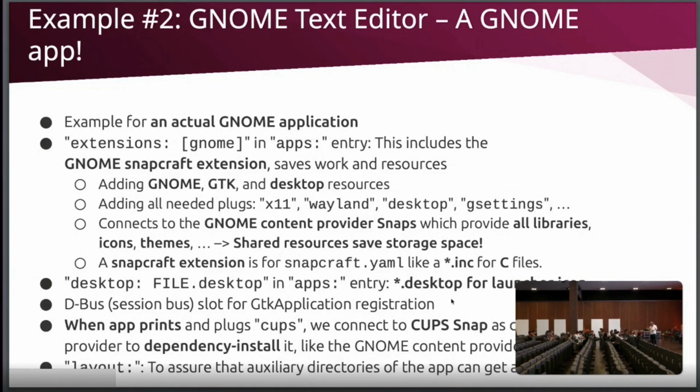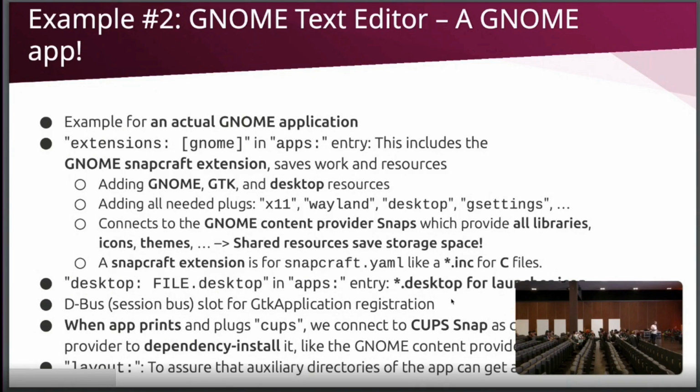It contains files, but it does not contain apps. And these files are made available. They are mounted. The immutable file system of the content provider snap is mounted into the file system of your snap. And so all the GNOME libraries are available to you.